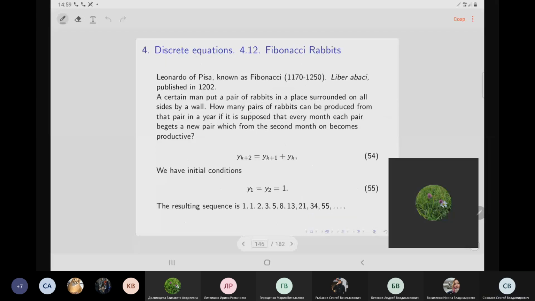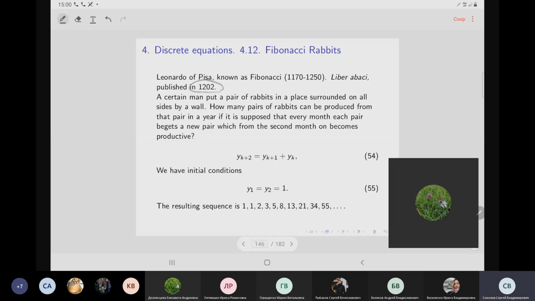So it is a really very, very old problem. It was published in 1202. It was formulated in the following way.